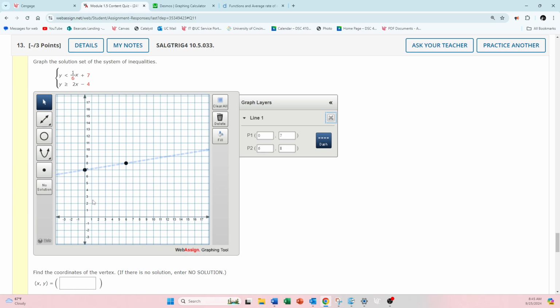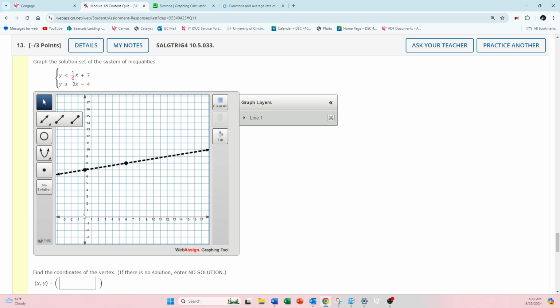Well, maybe instead of plugging in the x value 0 for the y-intercept, let me plug in the x value 1. So if x is 1, then what is y? y would be 2 times 1, which is 2. 2 take away 4 is -2. So when I plug in the x value of 1, I get -2. I'll let that be my first point.